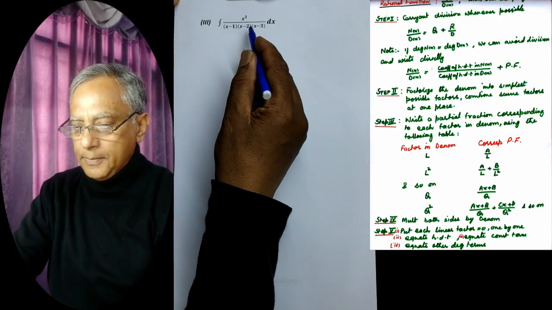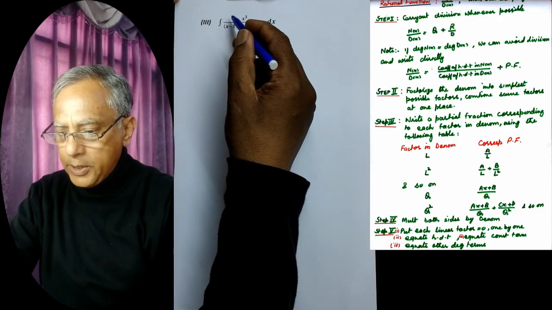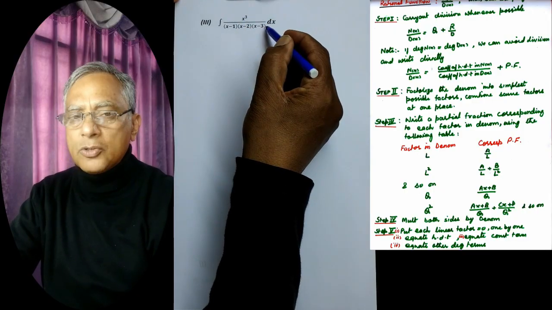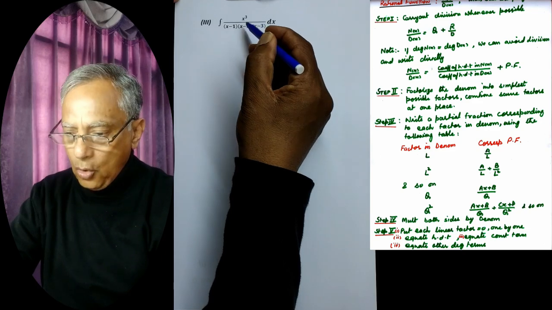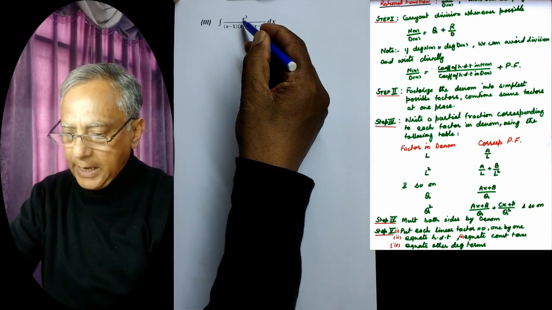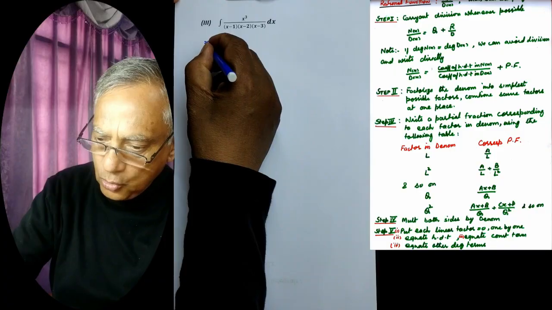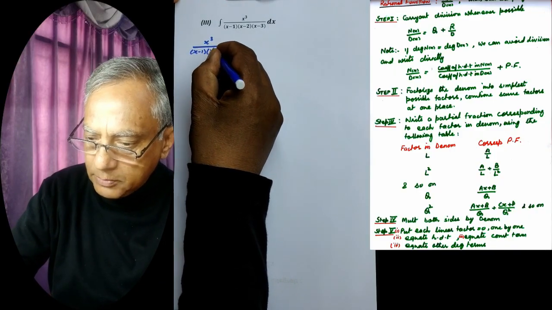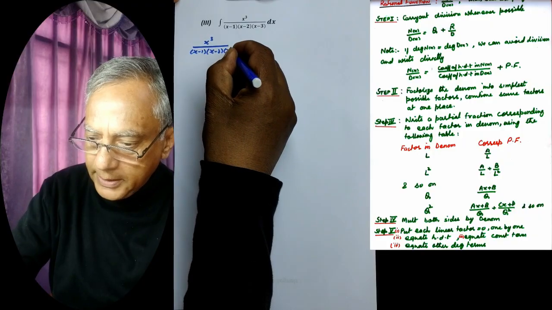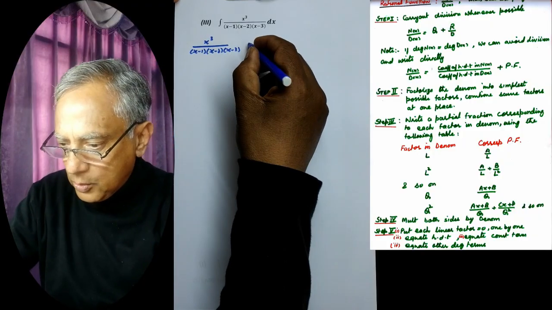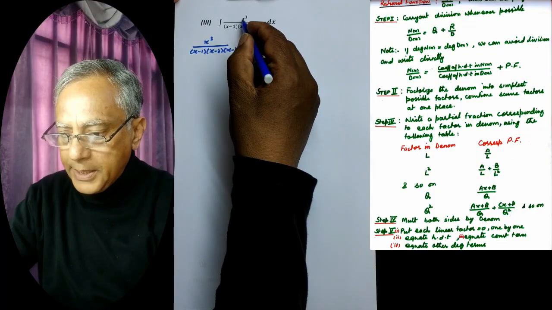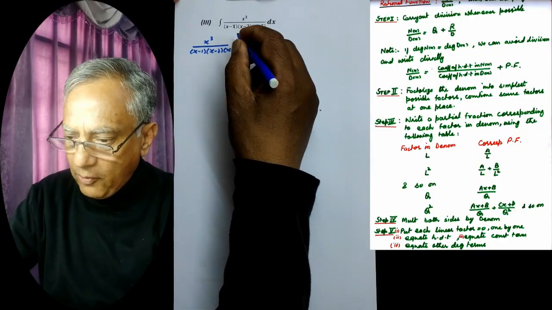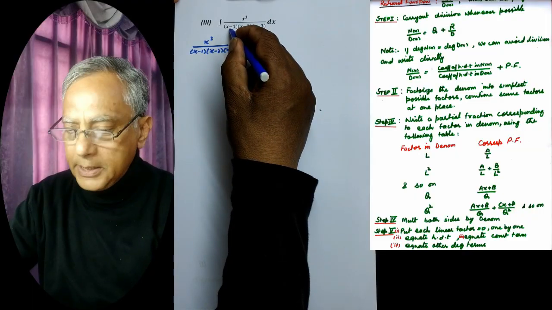Now in this question, what we note is degree of numerator is 3 and degree of denominator is also 3. So in such questions we can directly write x cube over x minus 1 into x minus 2 into x minus 3 is equal to coefficient of highest degree term in numerator, that is 1, over coefficient of highest degree term in denominator. It is x cube.